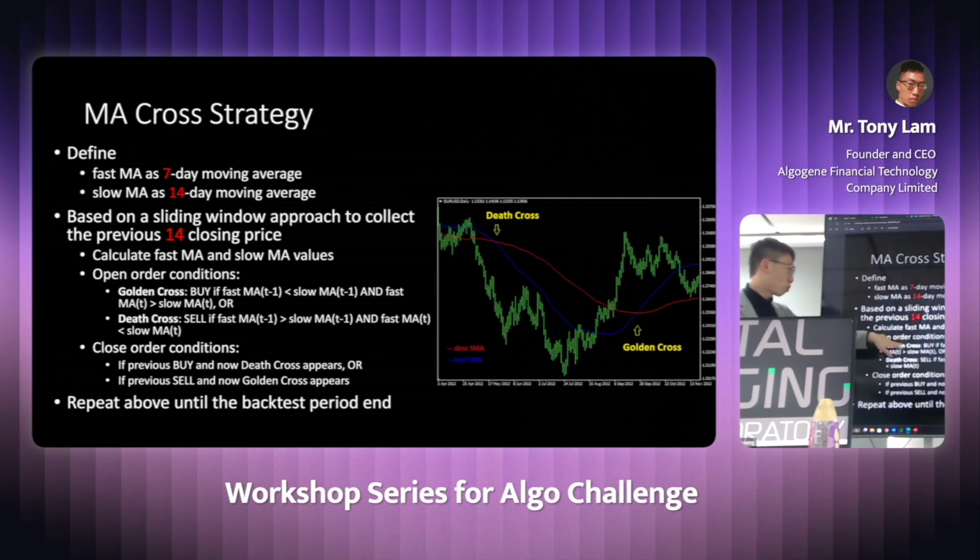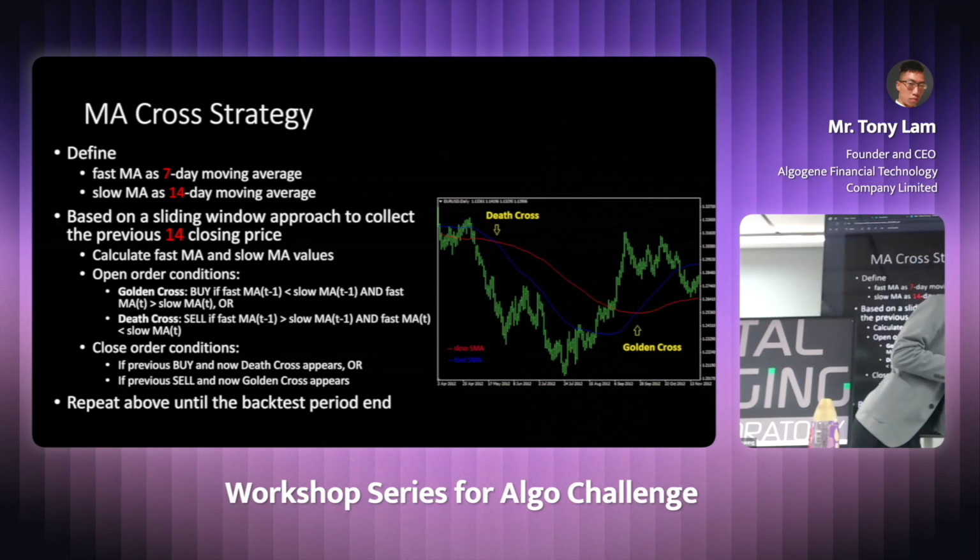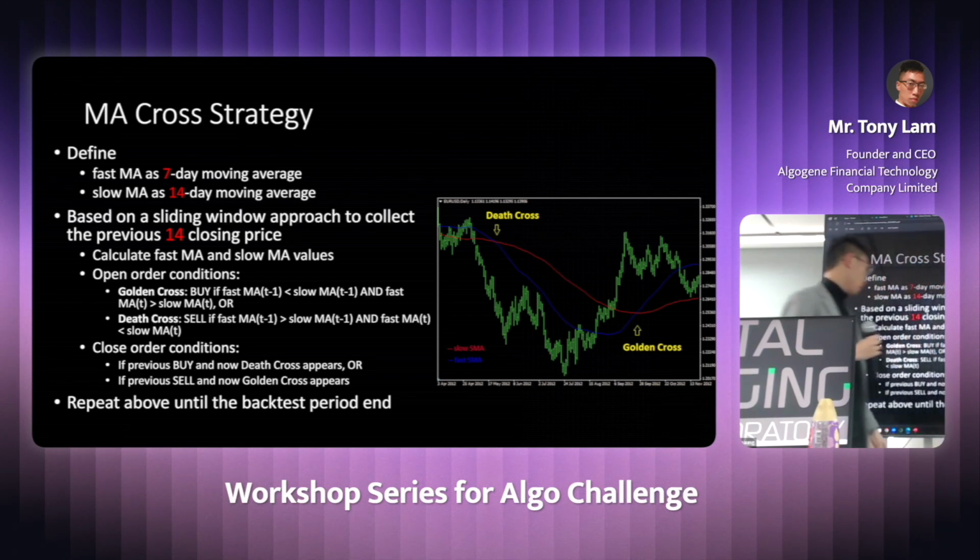If we observe the golden cross, we will open a buy position. On the other hand, a death cross occurs if on the previous day the fast MA is greater than the slow MA, and today's fast MA is less than the slow MA.